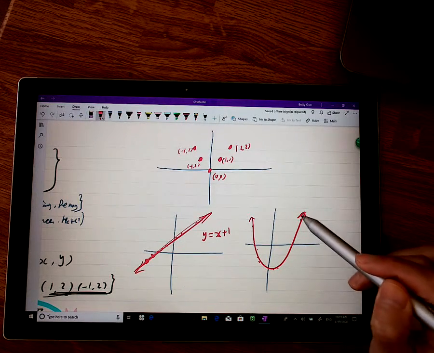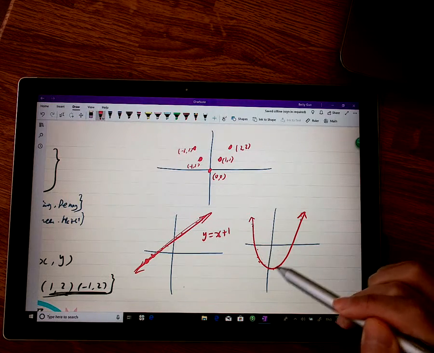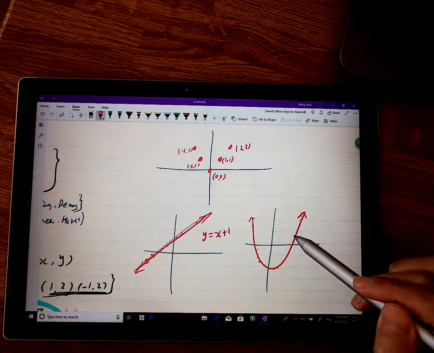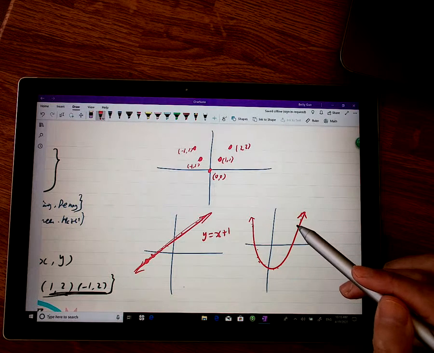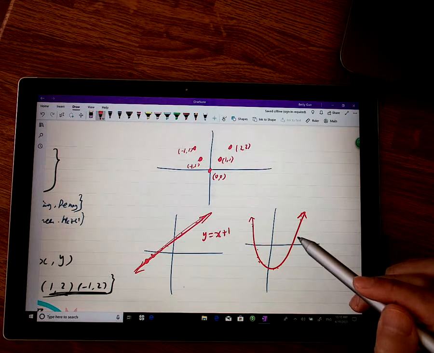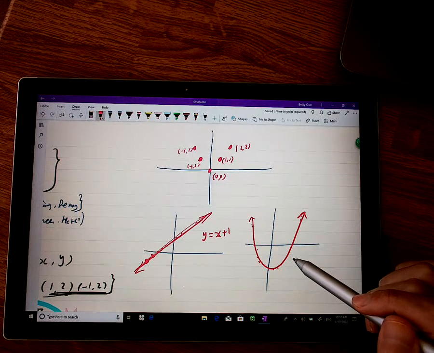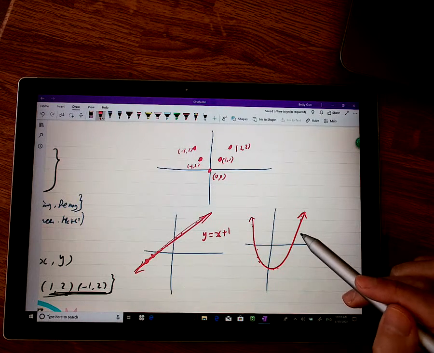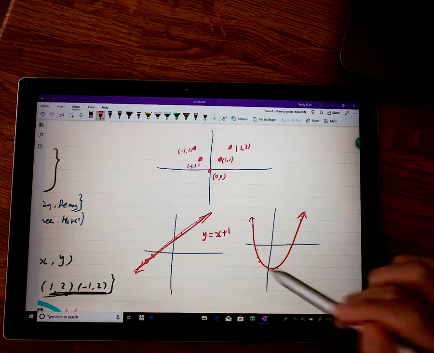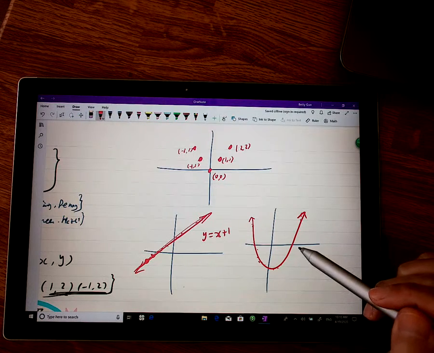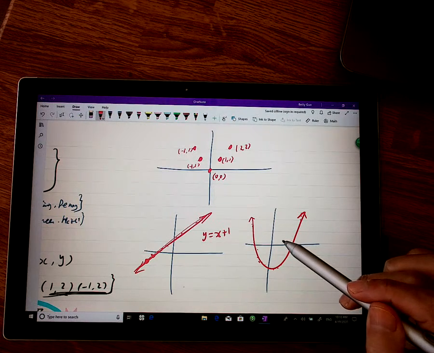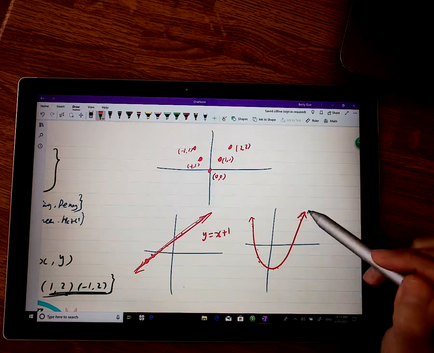Infinitely many, uncountably many, right? Those points are ordered number pairs. Put them together, they make a set. That set is a relation. So the conclusion here is the parabola is also a relation because the parabola is a set of ordered number pairs. Those ordered number pairs are points on the parabola.